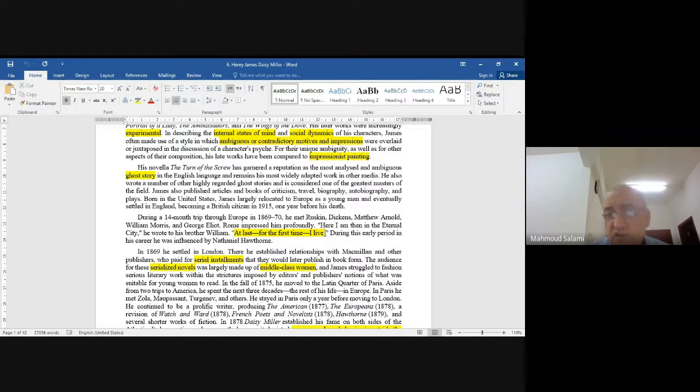He was everywhere in Europe, till finally he settled in England, in London. But talking about Rome, or Europe itself, he said, "At last, for the first time, I live." This is his sentence to his brother, saying that being in Rome, for example, which he called the eternal city, is a very interesting example.